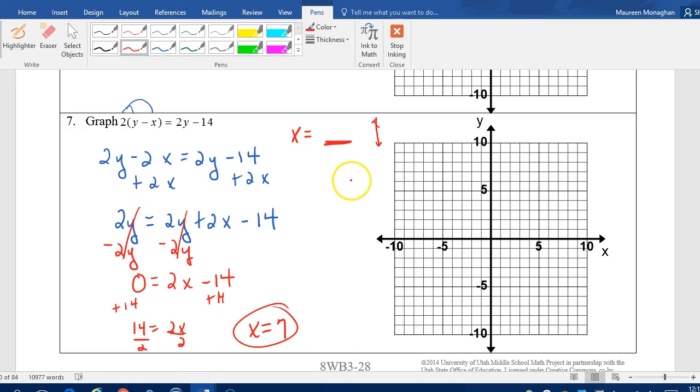It's a vertical line. Where is it through? It's through the x when it's 7. So we would just draw a vertical line. That one was pretty tricky. We'll put a little star by that. We'll call that a challenge, because we got rid of the y.